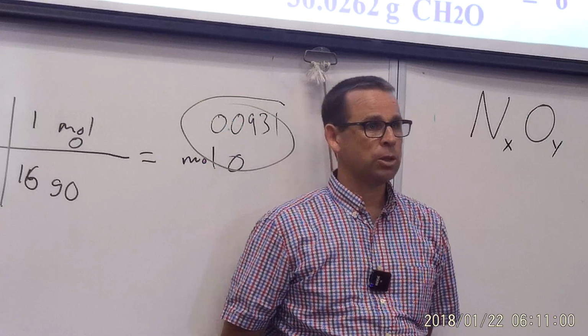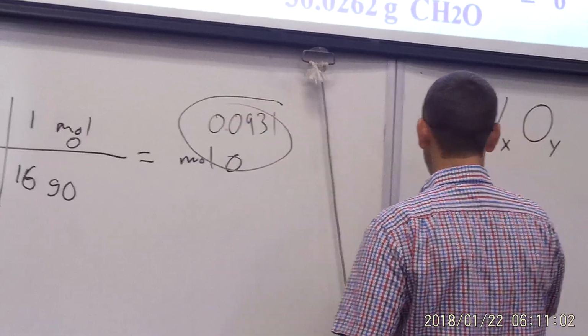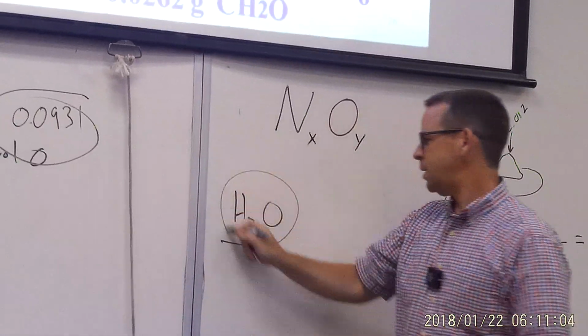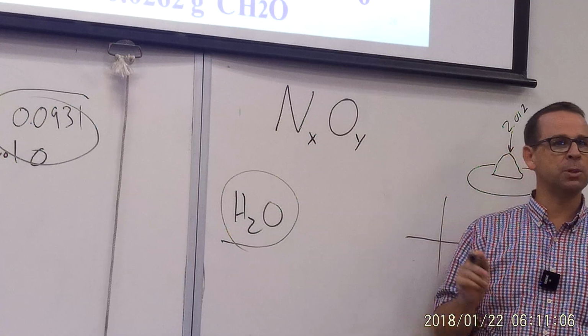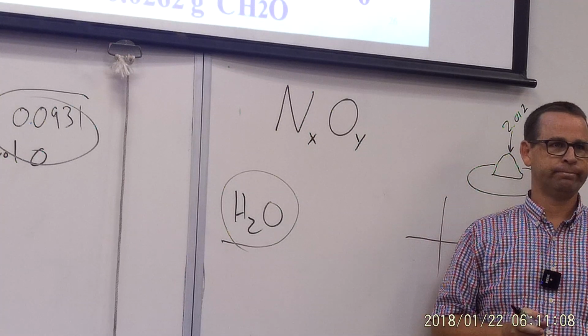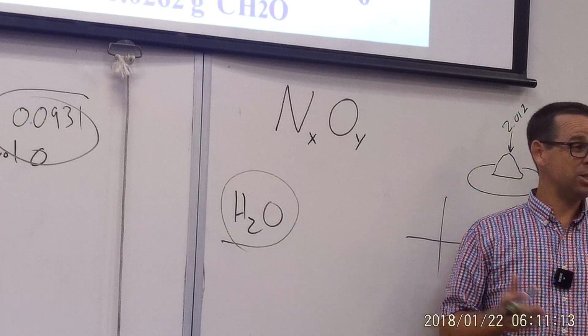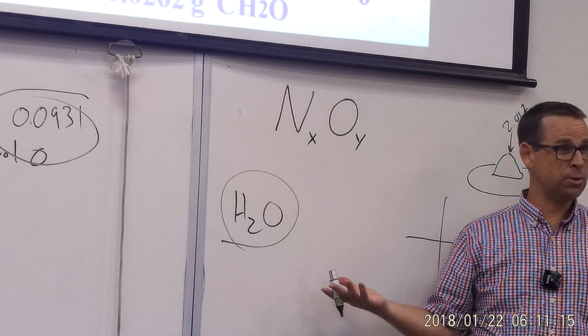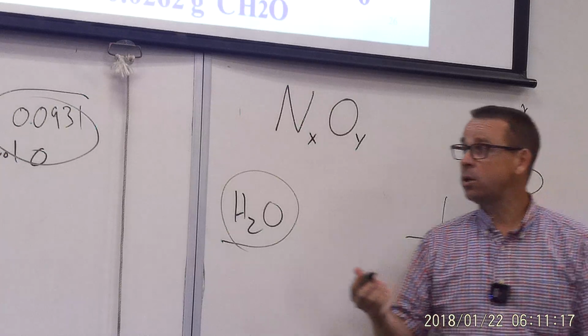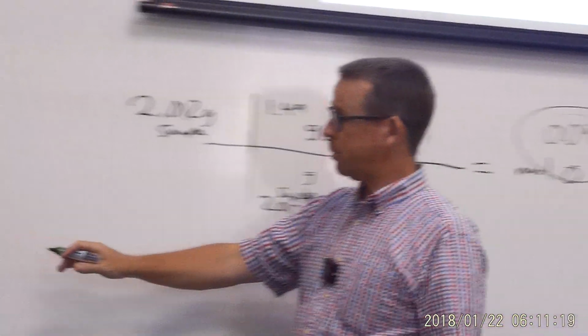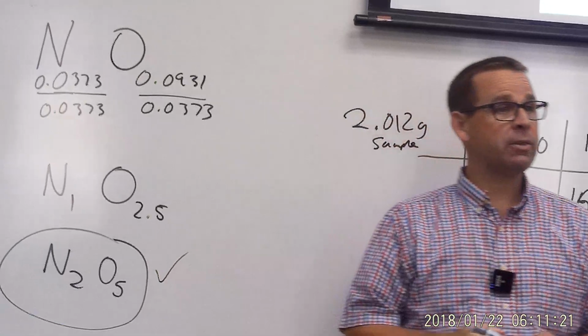Like water, H2O, is that its empirical formula or its molecular formula? Both, right? Because you can't reduce it any more. So we could be at a molecular formula already. We just don't have any more information.